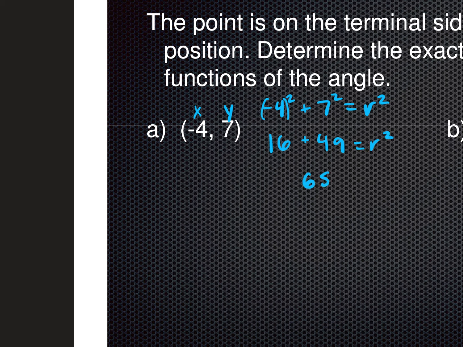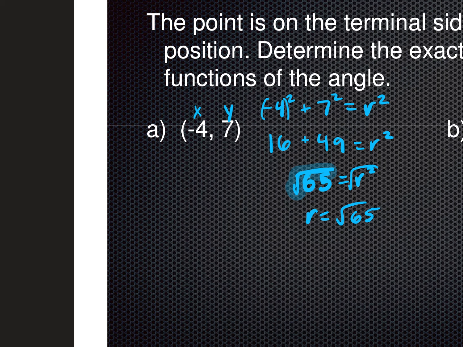So 65 is equal to r squared. Take the square root. Two factors of 65 are 5 and 13. We don't have any pairs, so we can't simplify. So just leave it as the square root of 65. So that is our r.